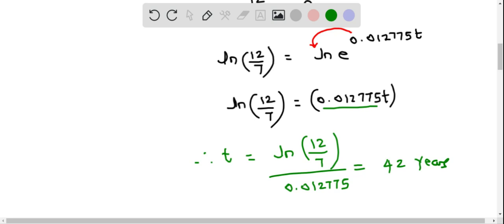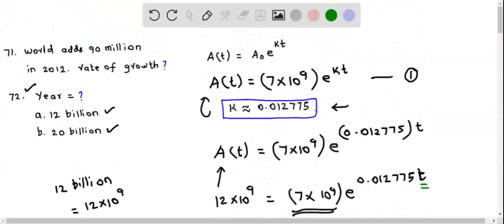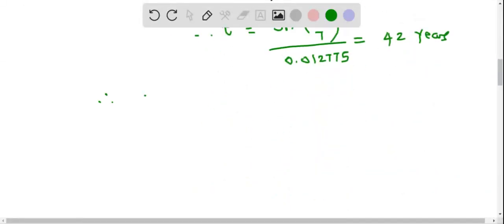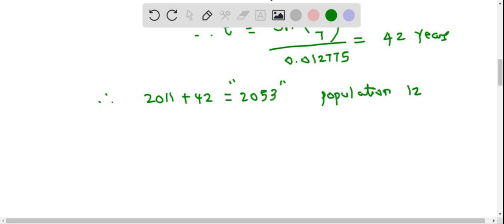But since we have to determine the year in which the population becomes 12 billion, the initial year is 2011, and we have to add this to the 42. So we add 2011 with 42, and this gives 2053. So therefore, in year 2053, the population becomes 12 billion.